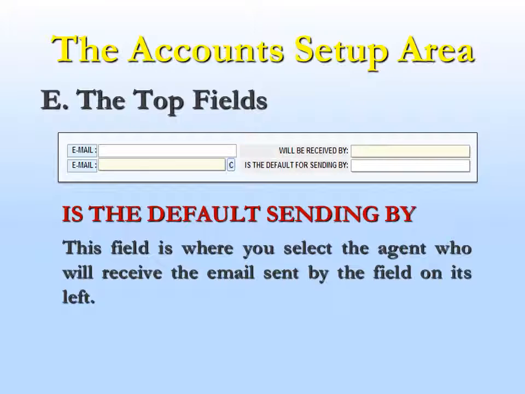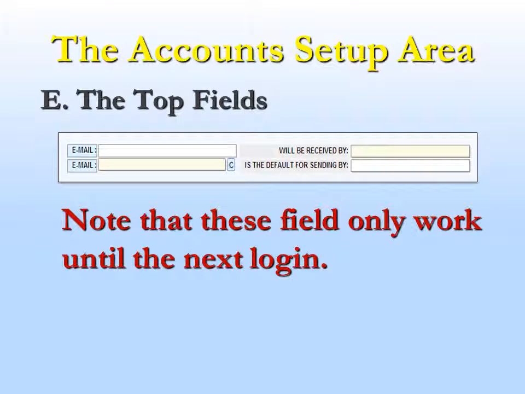This field is where you select the agent who will receive the email sent by the field on its left. Note that these fields will not work until you re-log in.